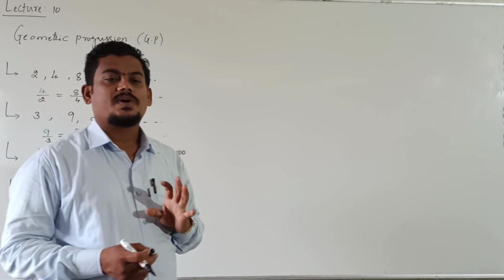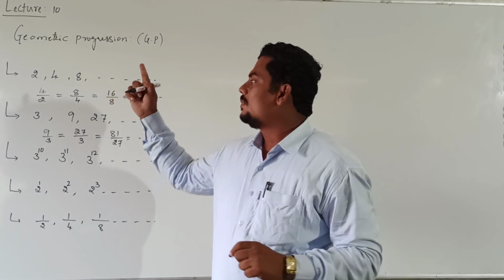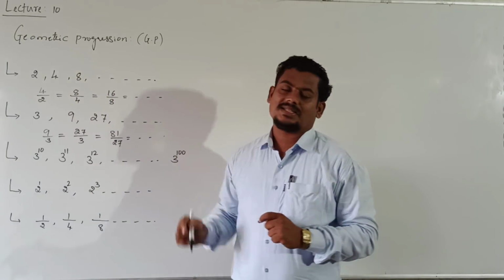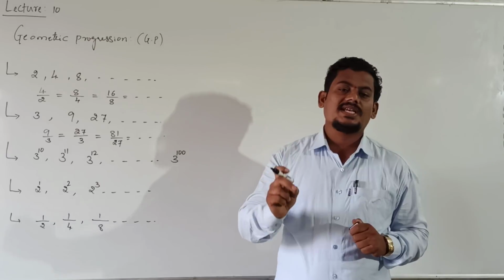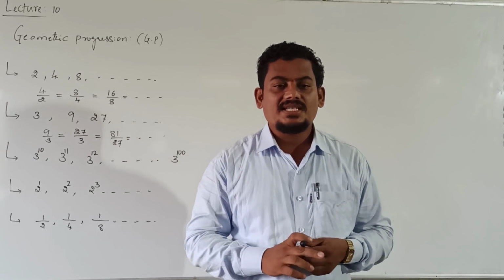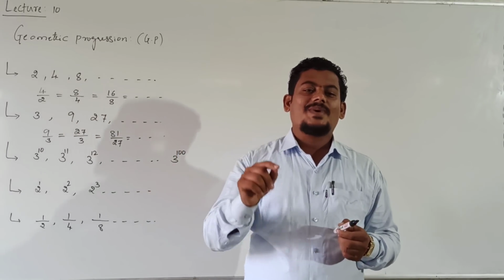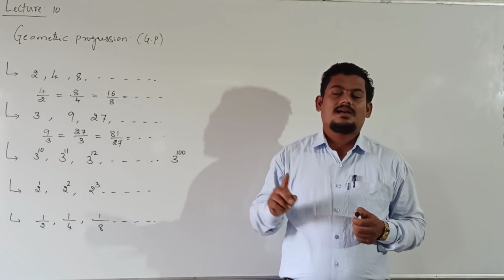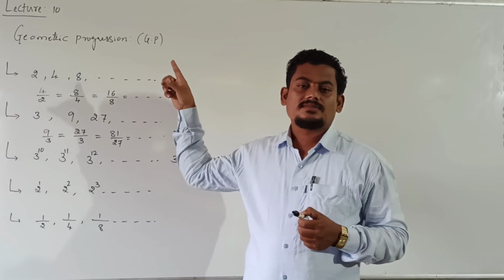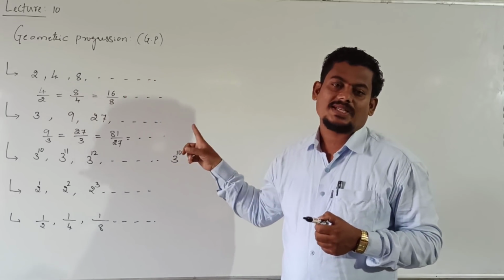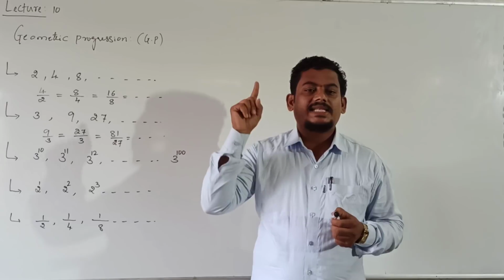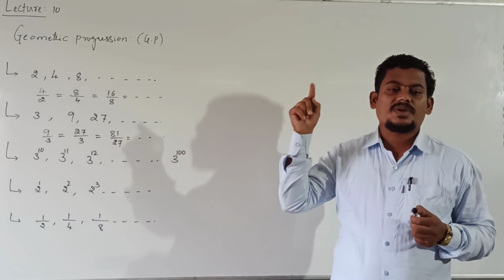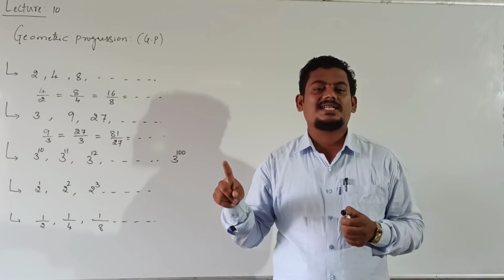Definition of geometric progression: a geometric progression is a sequence in which the ratio between a term and its previous term is always constant.